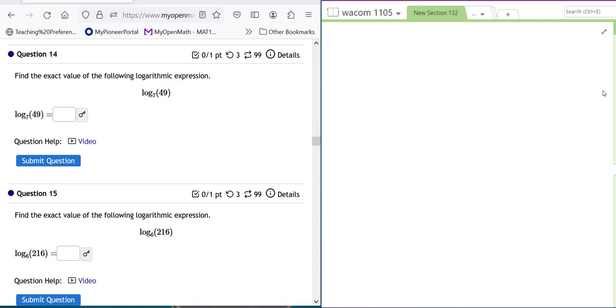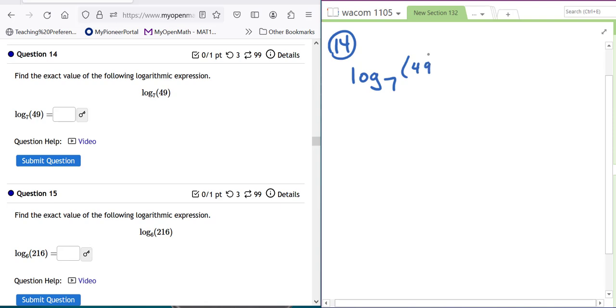And one is that you can rewrite this so that your base is the same as what you're taking the logarithm of. So we can rewrite this as 7 squared.